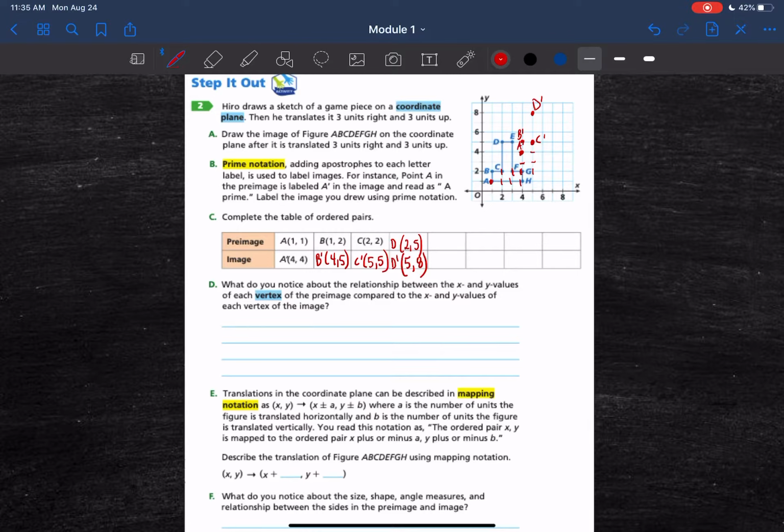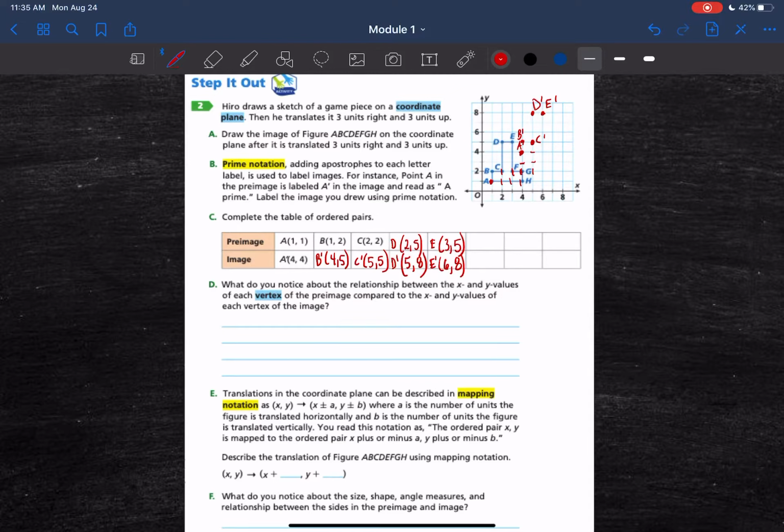E is located at 3, 5. E prime, we're going to add 3 to each of these. So 6, 8, which is going to be right here, E prime.